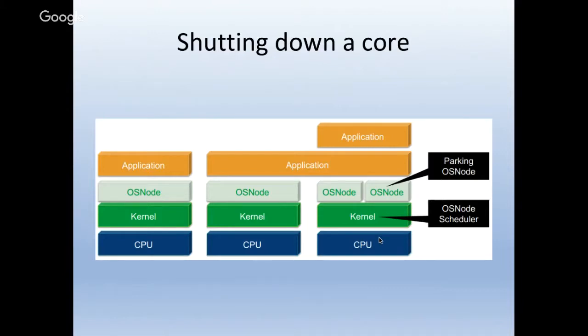In the case that one OS node is removed to a kernel that already has an OS node, we call this temporarily parking the OS node. And we can already notice that this approach is highly scalable as we only involve 2 cores in the process right now. We don't need to coordinate it across the system. So what happens next? We can either move it back to the previous core or move it somewhere else.